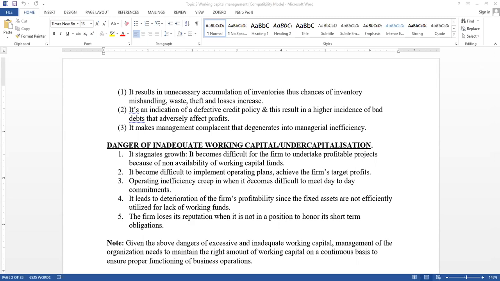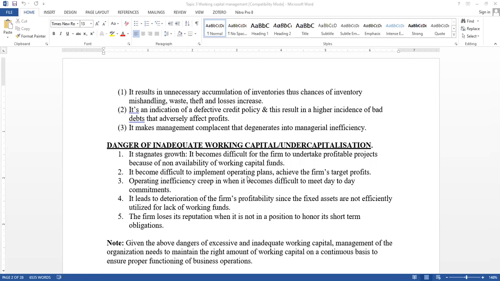It becomes difficult to implement operating plans, and then the firm might fail to achieve its targeted profit. Operating inefficiencies arise, especially if you fail to meet your day-to-day commitments.